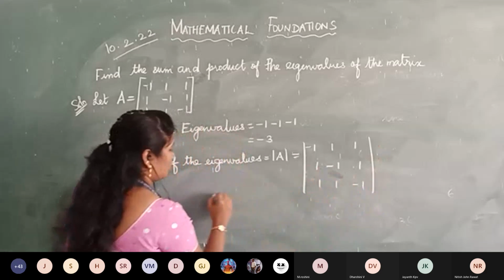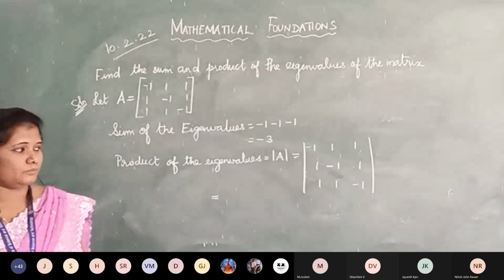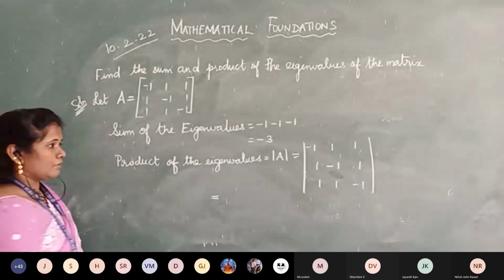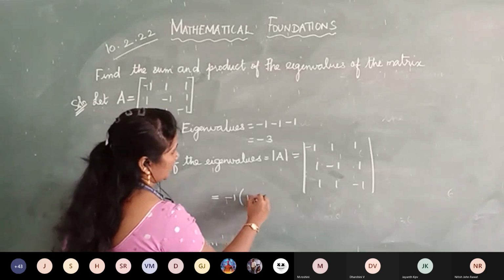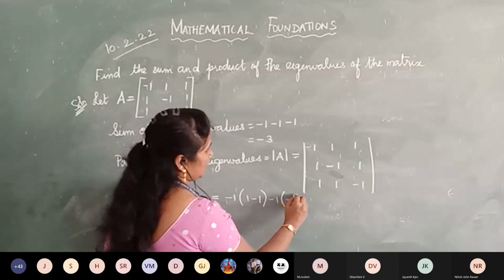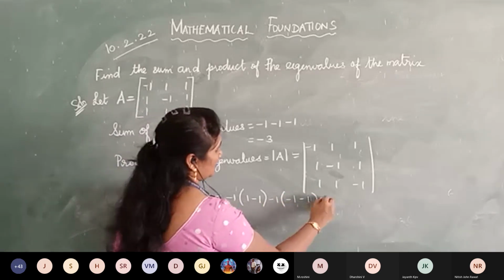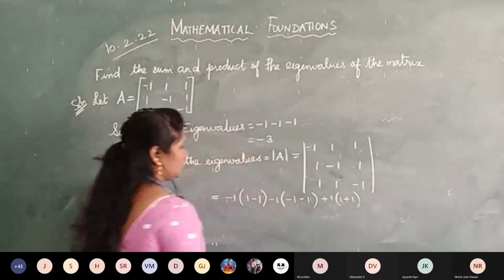Now multiply and find the determinant, which will be the product of the eigenvalues. When you multiply, you have -1 into (1 - 1), -1 into (-1 - 1), plus 1 into (1 + 1).